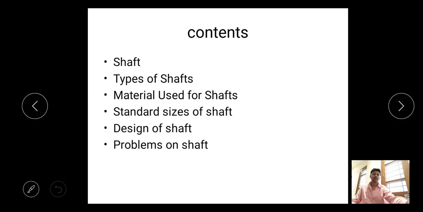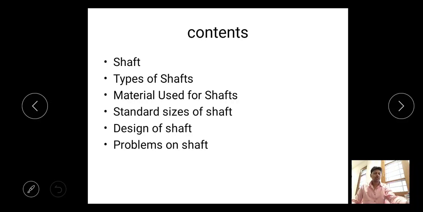The factor of safety gives the value of safety of a component under loading condition. That is what we have discussed, and a few factors on which the factor of safety depends, that we have studied.